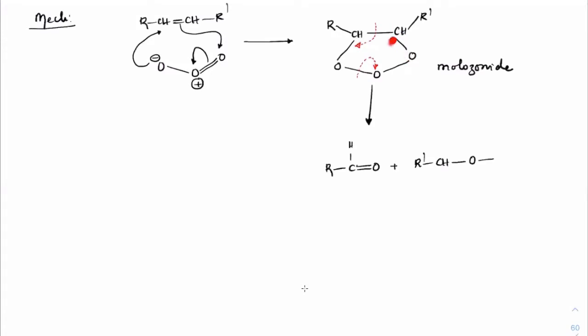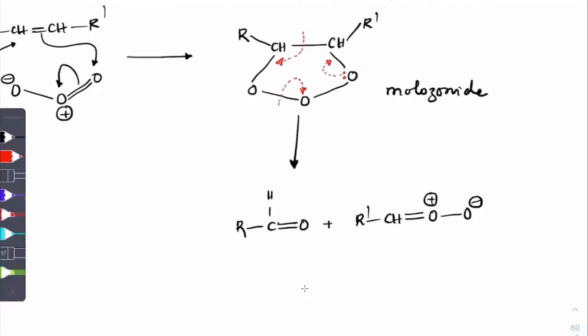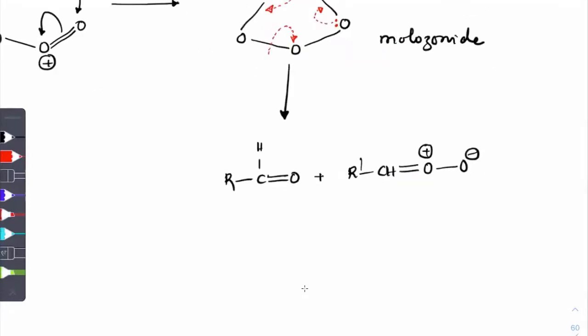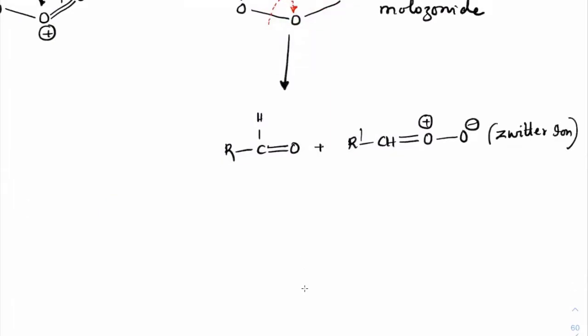So this oxygen will support it as a lone pair, so there will be a double bond formation here with plus and O minus. I'll also show that as an arrow. So the lone pair present on this oxygen is supporting this carbon as a double bond. Everyone check how the bond breaking is done. Now this is called a zwitterion. Zwitterion means an ion which has both positive and negative charge within the molecule. So a zwitterion formation is observed.